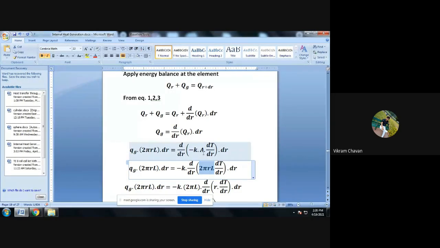K is constant, so the negative sign and K we have taken outside the bracket.